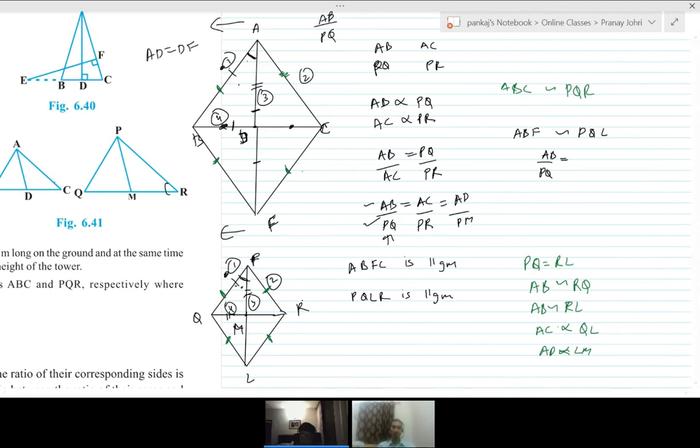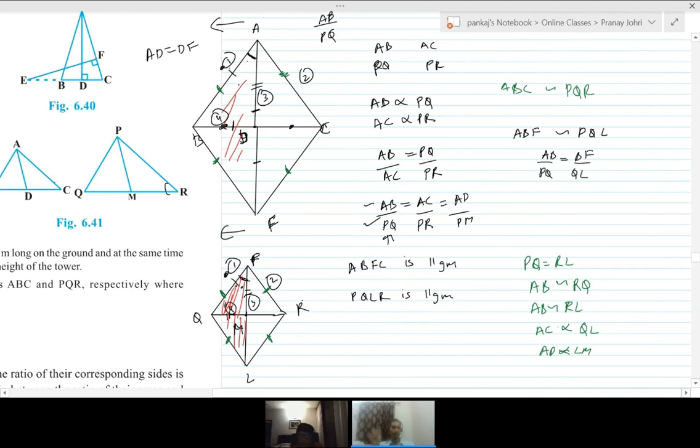So we need BF by QL. Consider these left side triangles. BF by QL.